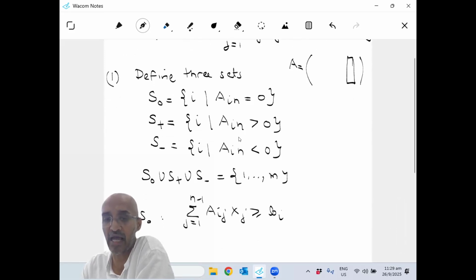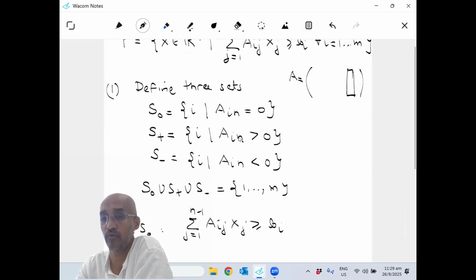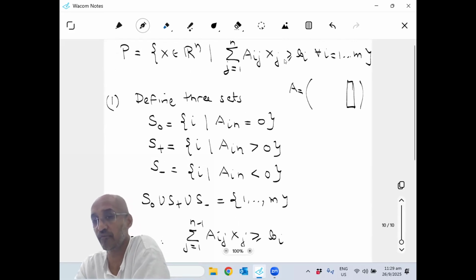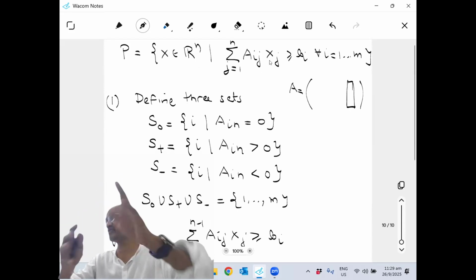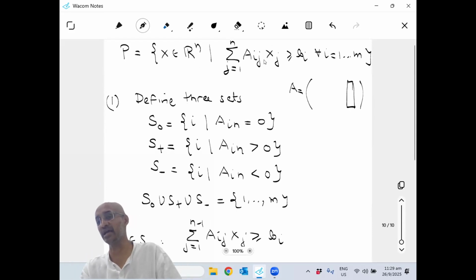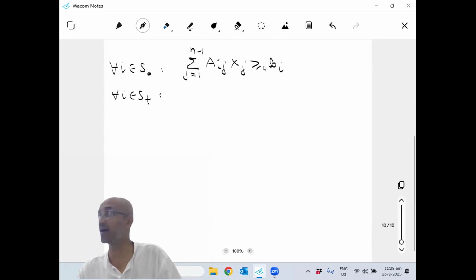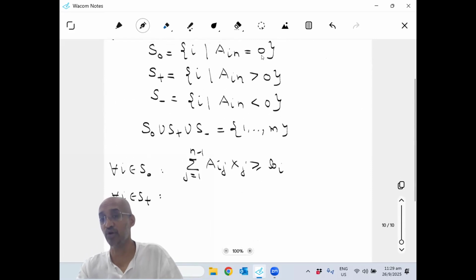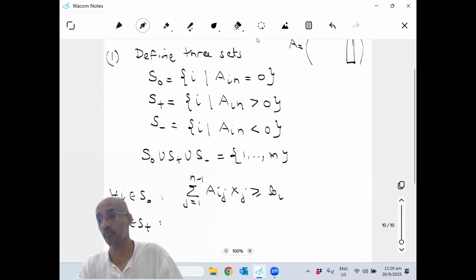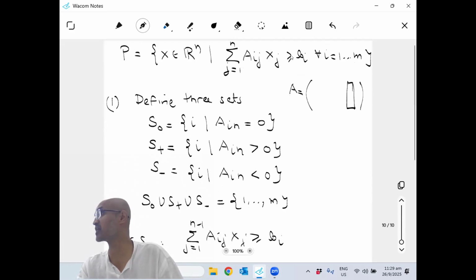For every i in S plus, where the coefficients are positive, I'm going to write the constraint only in terms of x_n on the left-hand side. So it's a_in times x_n, and I will divide by a_in. Because a_in is positive, my sign will still remain greater than or equal to.